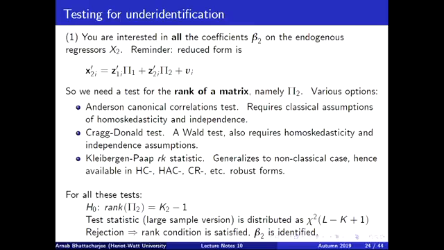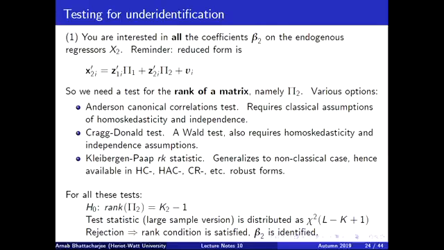There are various tests available here. First of all, Anderson, from the 1950s, the canonical correlations test, which requires classical assumptions of homoscedasticity and independence. Then there have been more recent developments: the Cragg-Donald test, a Wald test that also requires homoscedasticity and independence assumptions.